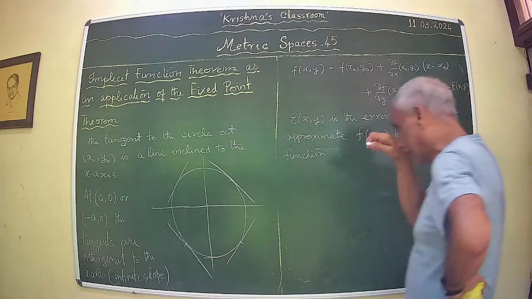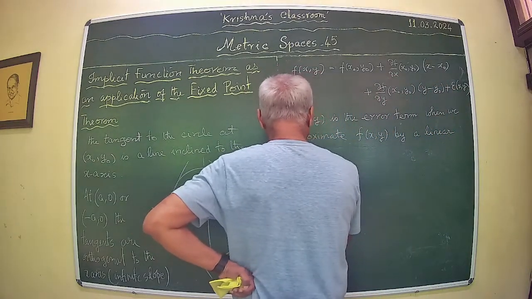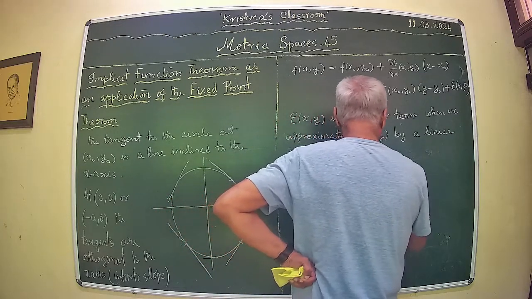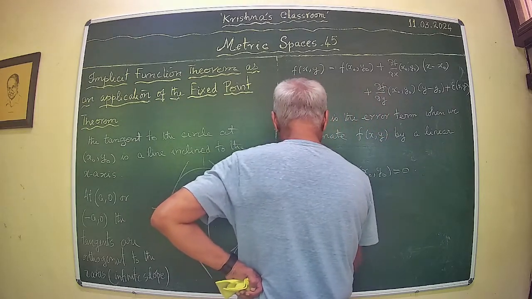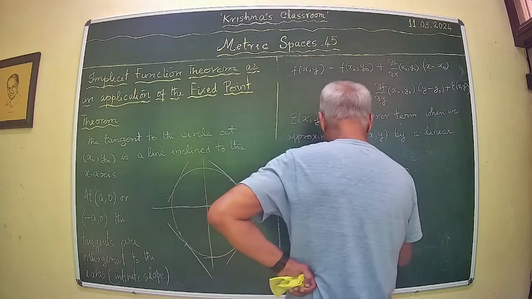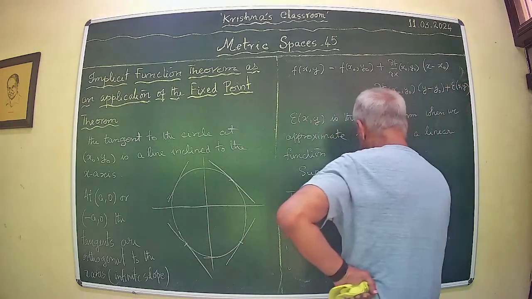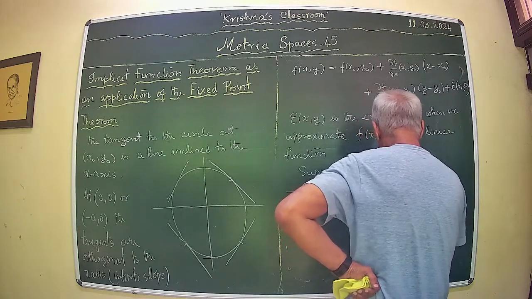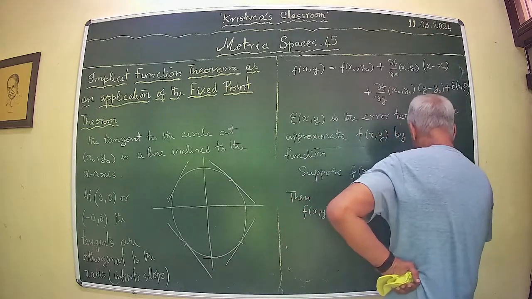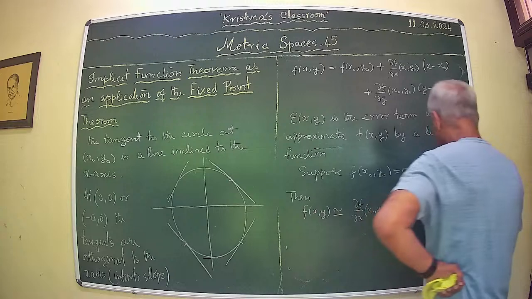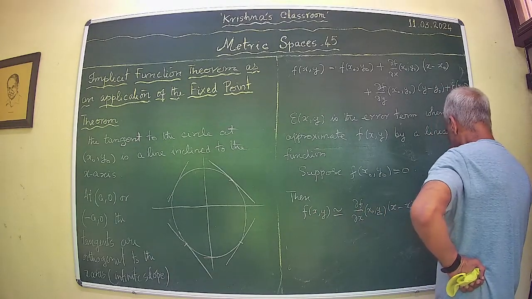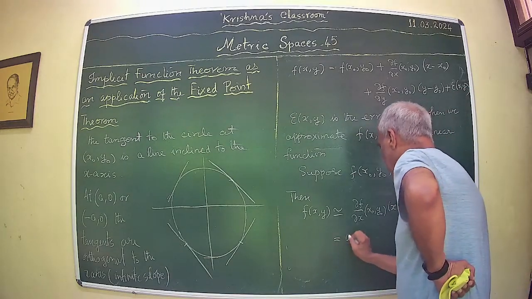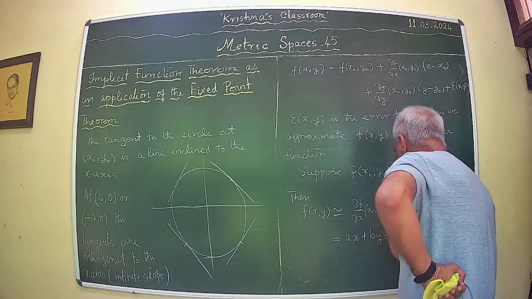So approximately, the tangent, f of x, y is approximately equal to something of the form ax plus by plus c.